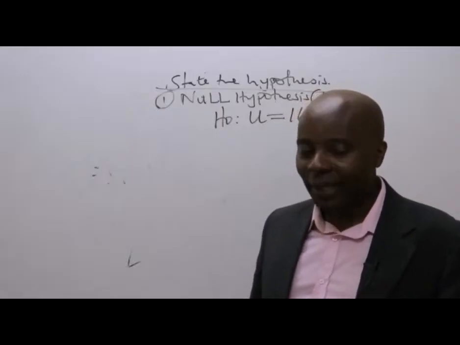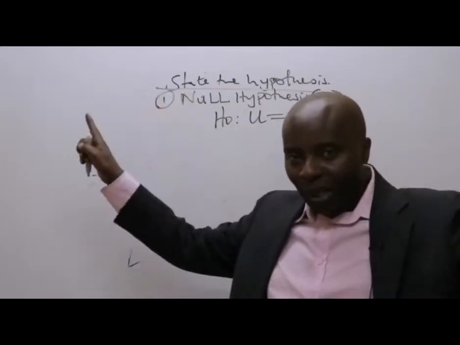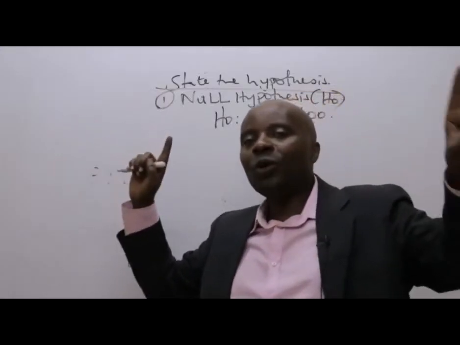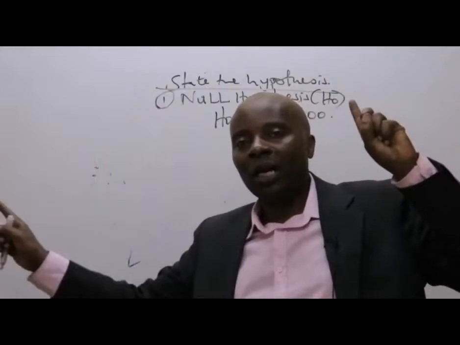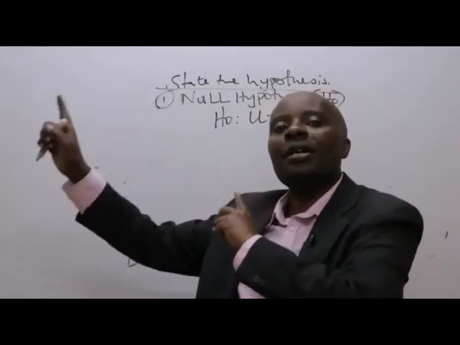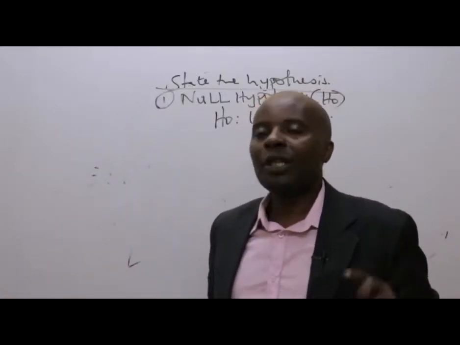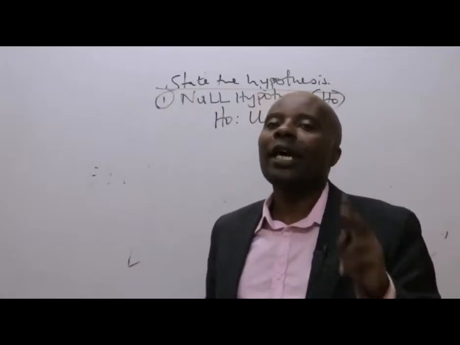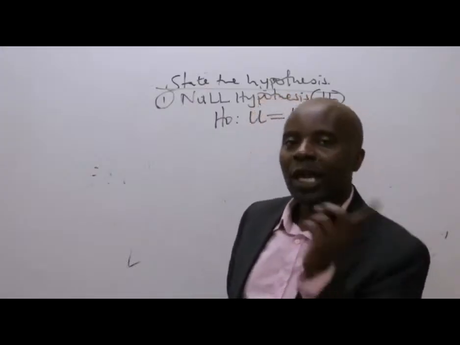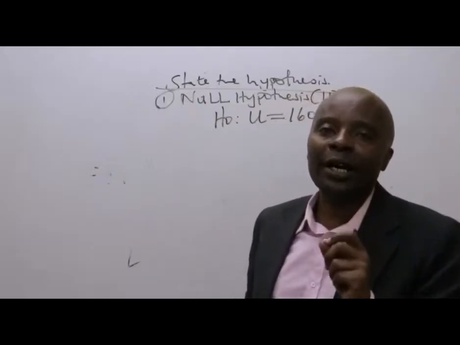Now, ladies and gentlemen, remember they want us to test the claim that when we put up that bulb, it's going to stay there for 1600 hours. But you and I know that there is a possibility of this bulb either taking a lower duration or a higher duration. So here we shall be carrying out a 2-tailed hypothesis test, because our null hypothesis does not specify a direction.